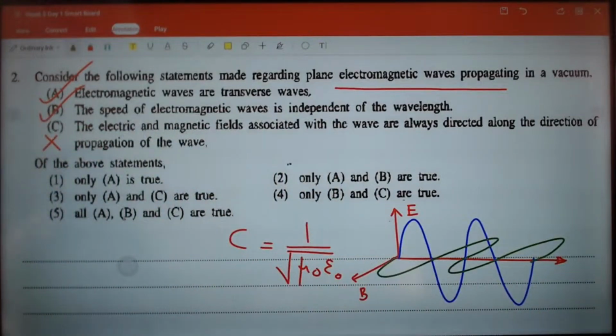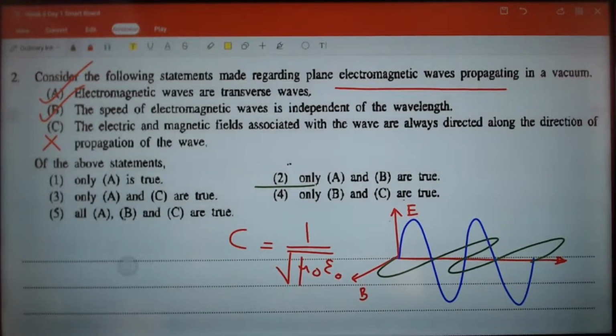So from this we can say A and B are correct.